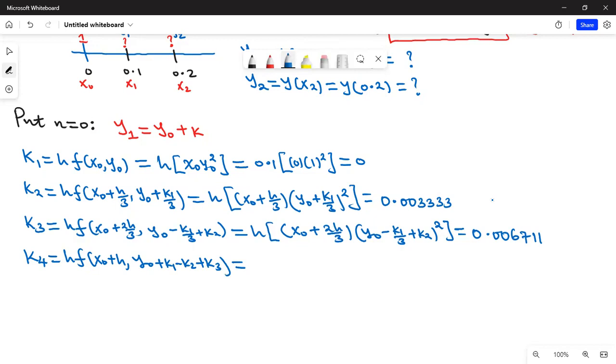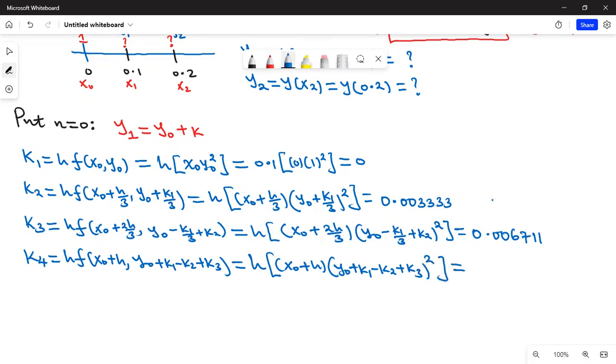So our f of xy is x times y squared. So where there is x, in this case, I'm now going to put x naught plus h, and where there is y, I'm going to put y naught plus k1 minus k2 plus k3. So we'll have h times x naught plus h times y naught plus k1 minus k2 plus k3, and this is squared.